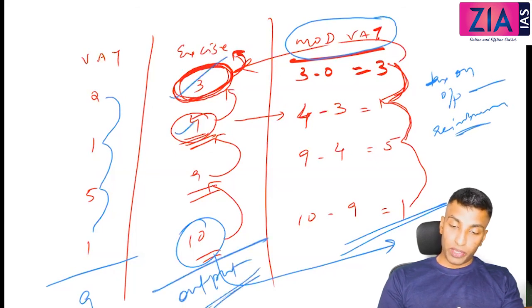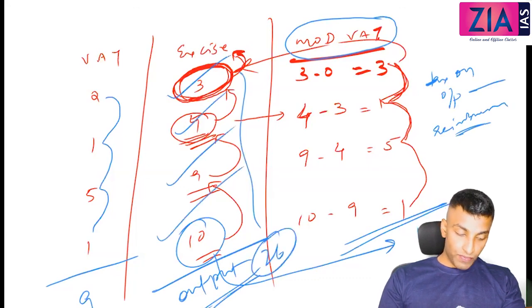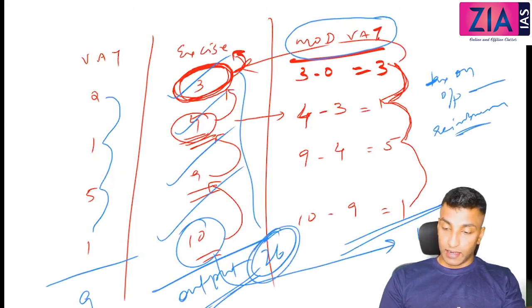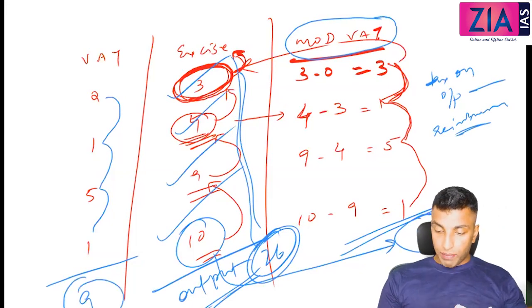Here output, here output, here output, here output. So if you add, this will come around 26. Right? So this 26 is all the time on output, so cascading is there. But here it is reduced to 10. But original VAT, if you see, 9. Which one is easy to implement, VAT or Modvat? Modvat is easy to implement, especially in developing countries.